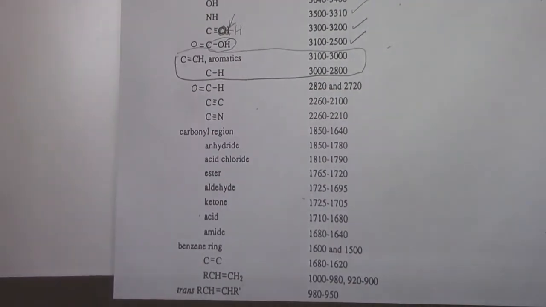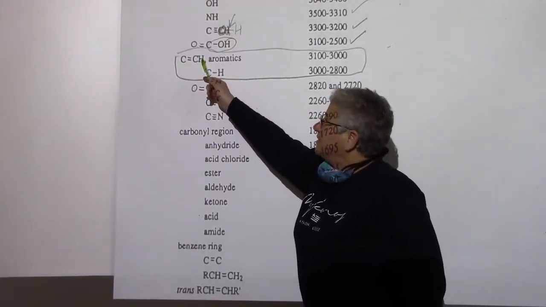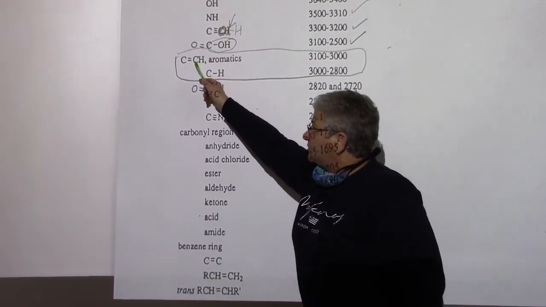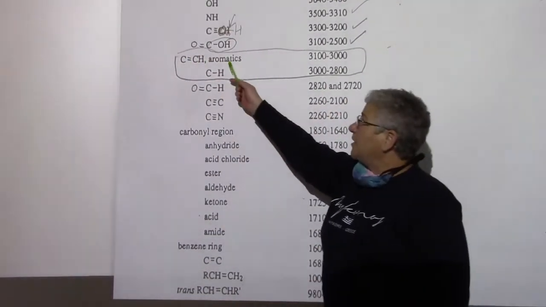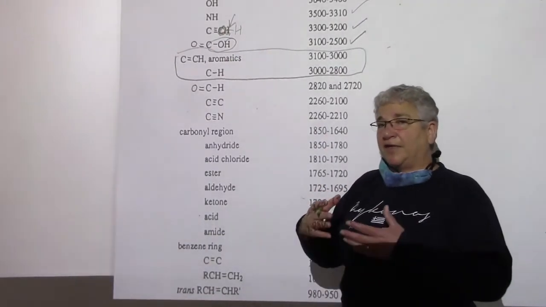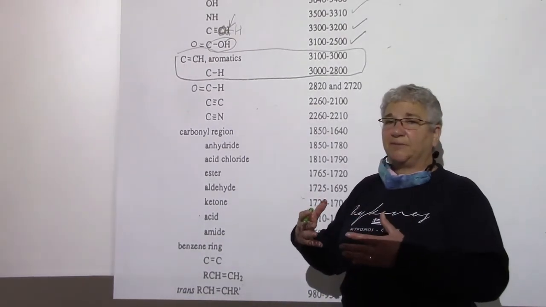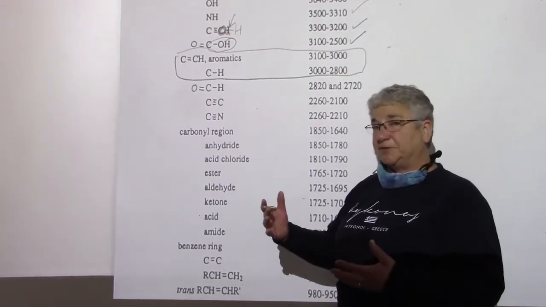And so you will notice that this says CH, and these are CH stretches out here. This is going to be a hydrogen that's bound to a carbon that's part of a double bond. And you can see for aromatic, if you think about an aromatic or an arene ring, that hydrogen, no matter where it's bound on that molecule, is bound to a carbon that is a double bond, an sp2 carbon.